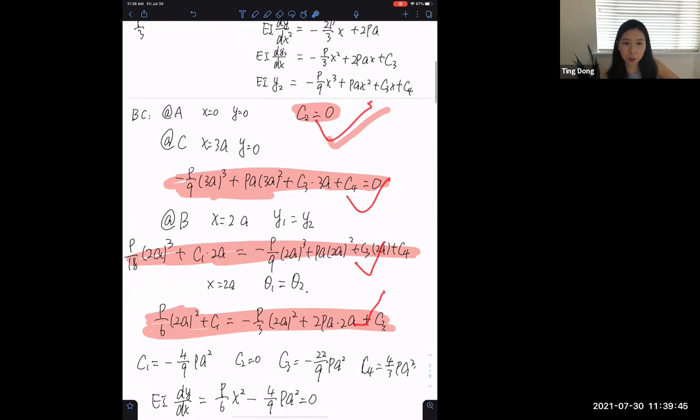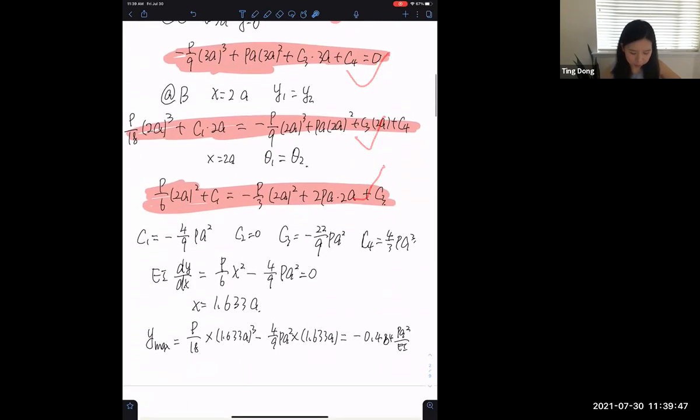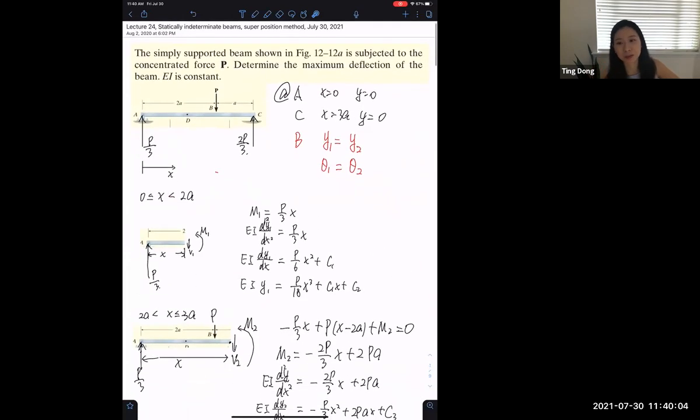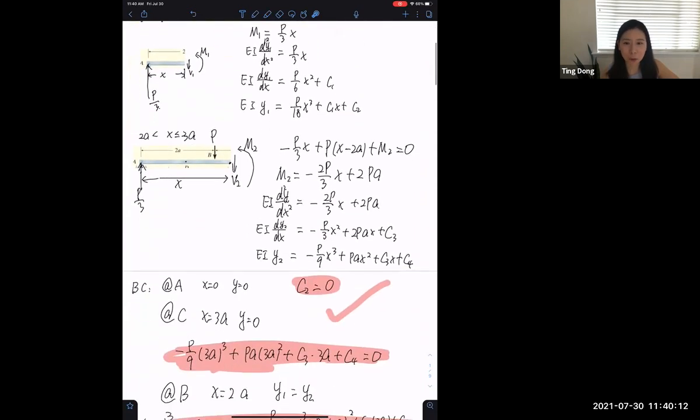So during the exam, what you can skip is the calculation of the 4 unknowns. Is this clear? If there's a complicated question similar to this, you need to divide into separate sections, and then you have 2 different equations for the bending moment, and then you have 4 unknowns, and you have 4 boundary conditions in the end.